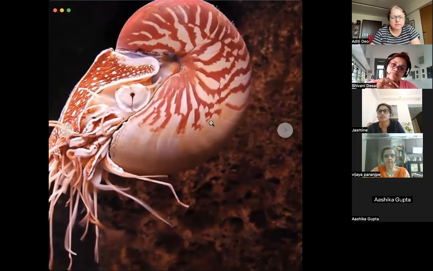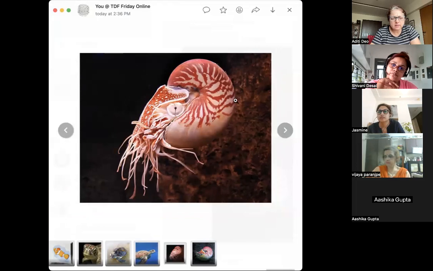And I think this is like any other shell that we see, where it grows in that whole Fibonacci form. And I'll speak about that also. It's a very lovely form, and it's so mathematical. The magical part is that you find that equation in nature very frequently.